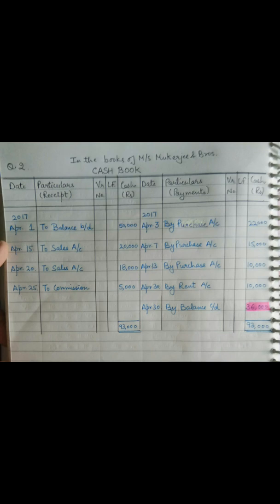So here in the cash book, on the credit side, on the payment side, on 3rd April, here in the date column I have written 3rd April 2017, and in particulars by purchase account is to be written, and in cash column the amount which is given in the question, that is 22,000, has to be written here. As cash is going out from the firm, we have to write on the credit side of the cash book.